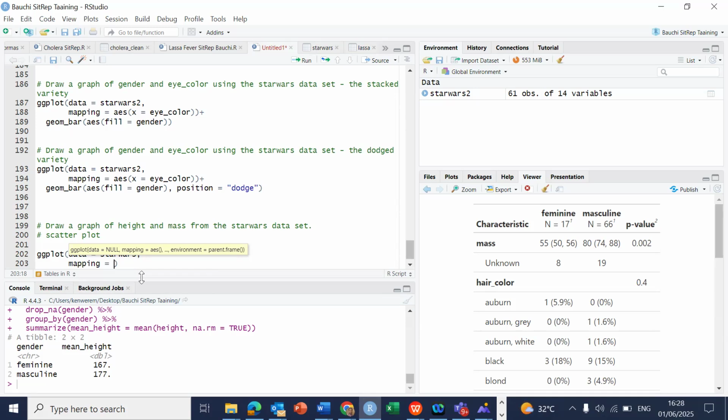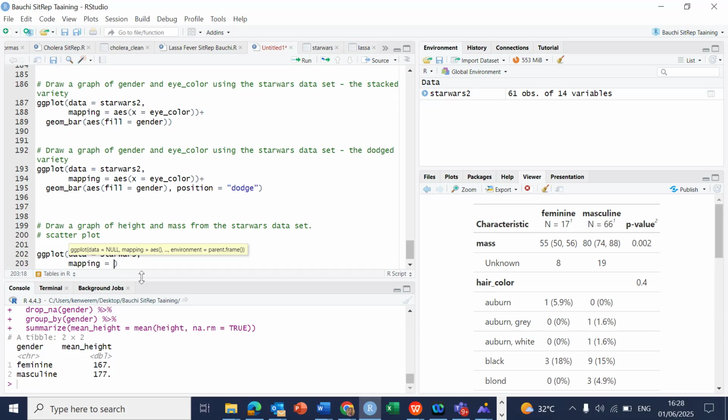So between height and mass, which one do you think depends on the other? Height is more likely to be the independent. Exactly. So mass will usually depend on your height. The taller you are, it's more likely the heavier you are.